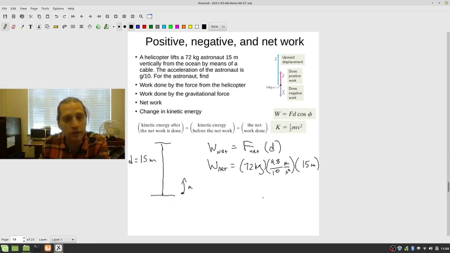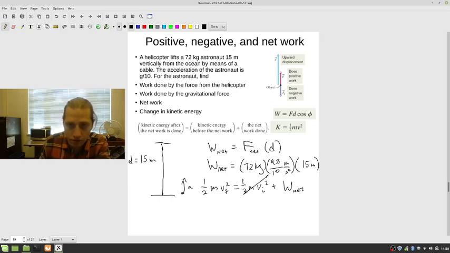Now, why does that matter? Well, from our work-energy theorem, 1/2 of her mass times her final speed squared is 1/2 mass times her initial speed squared plus that net work done on her.